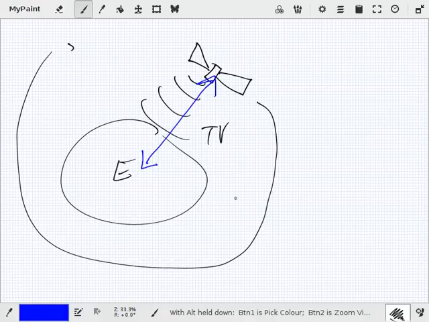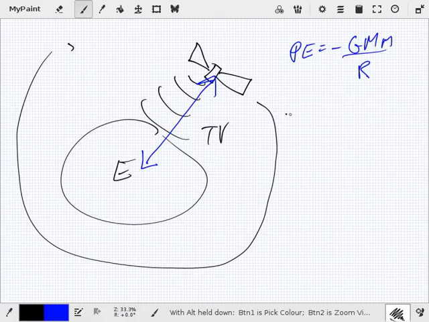Right, so the potential energy of the satellite is equal to minus GMm over R. Now, do we know the G? Yes. Do we know the mass of the Earth? Yes. Do we know the mass of the satellite? Yes.